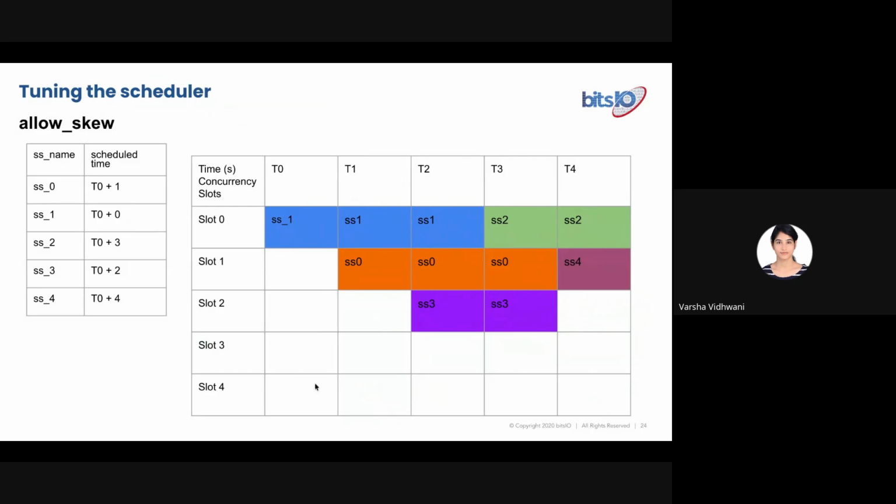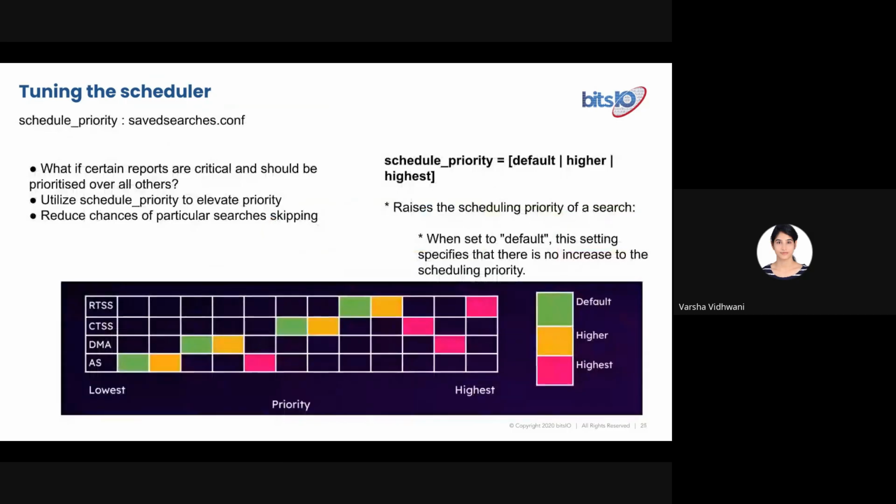We can also see that it has freed up here. Using this option is very beneficial in improving the performance, and the scheduler jobs will run very smoothly. So this first option is really helpful in tuning the scheduler.